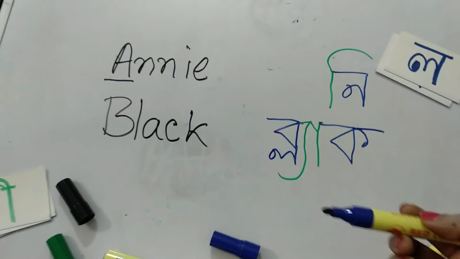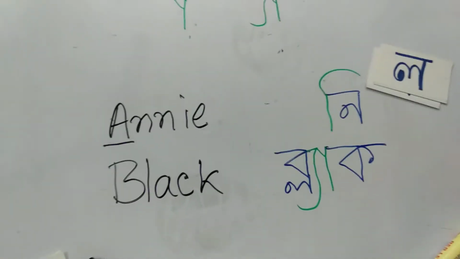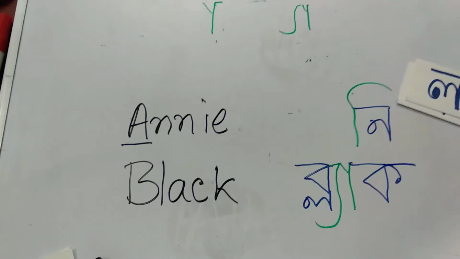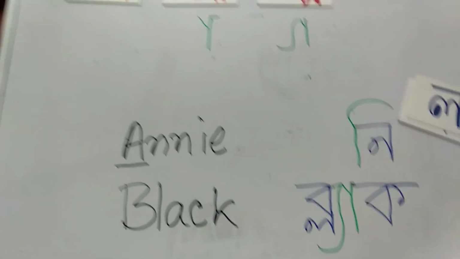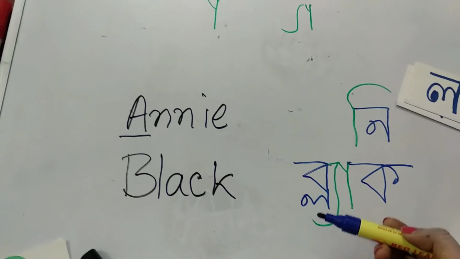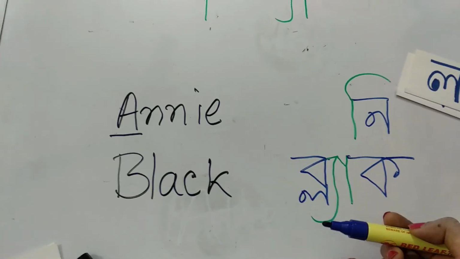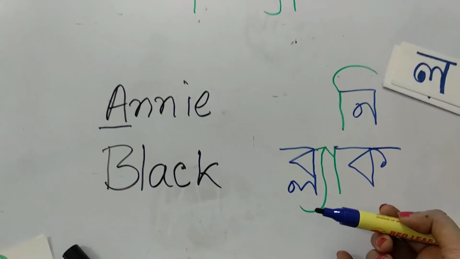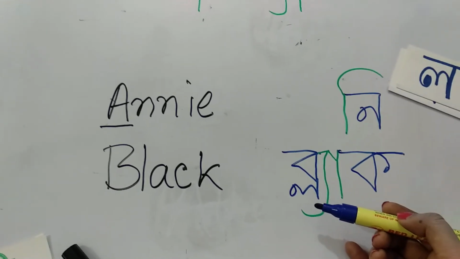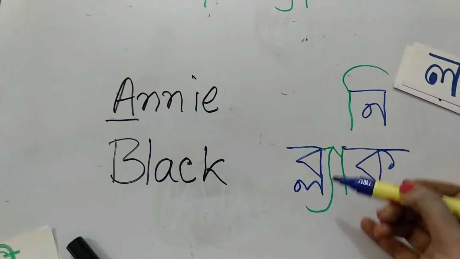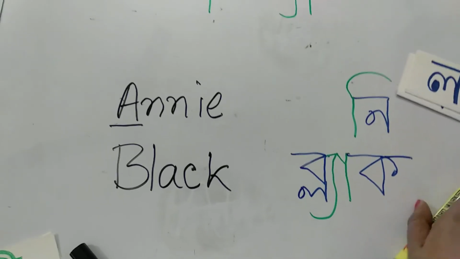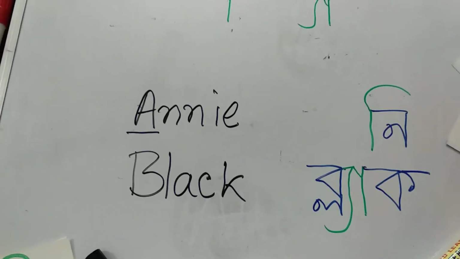Now what happens with most of the language learners who try to learn Bangla as their second or third language, they look at these consonant clusters and get very frightened. They think that, hey, this is a whole new word. But it's not a new word. You know the real letters, right?